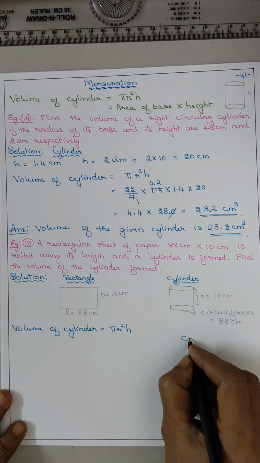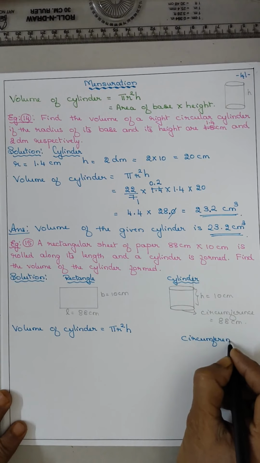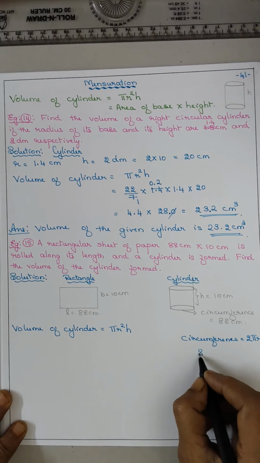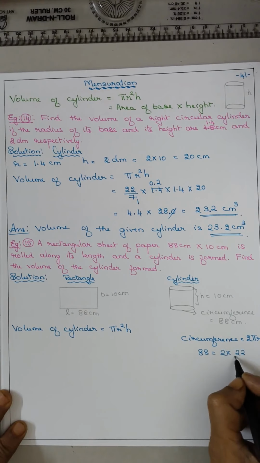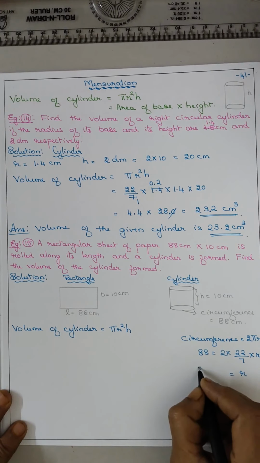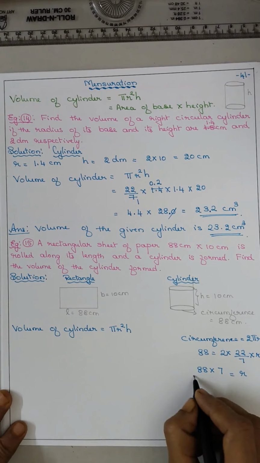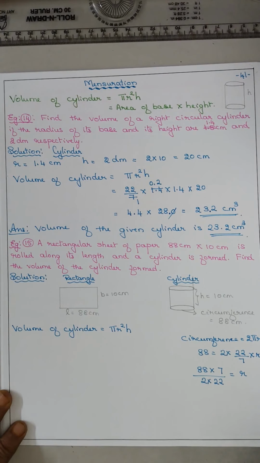So here you will be writing circumference is equal to 2 pi r. Circumference is given 88, 2, pi is 22 by 7, r you don't know. So r is equal to 88 into 7 goes to the numerator, 2 and 22 will be in the denominator.